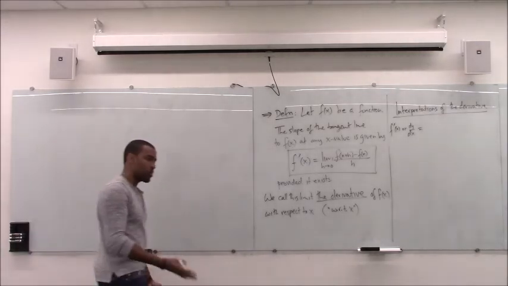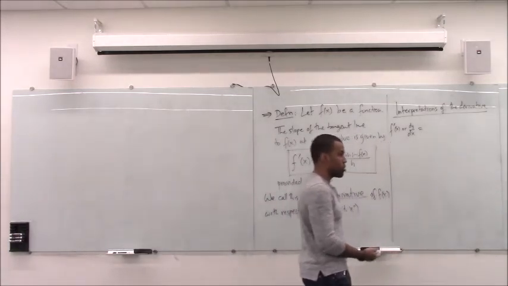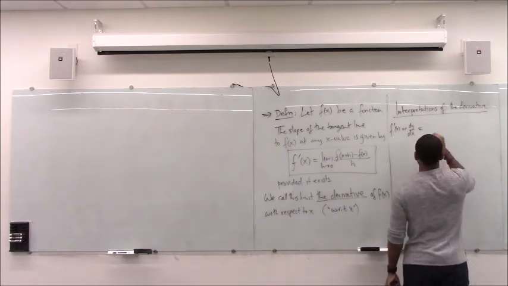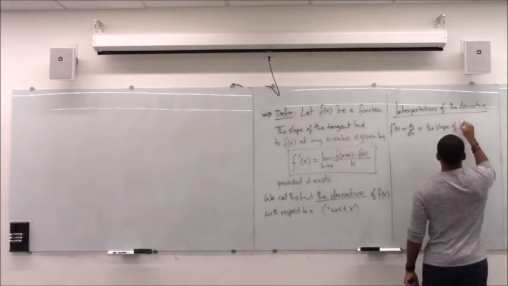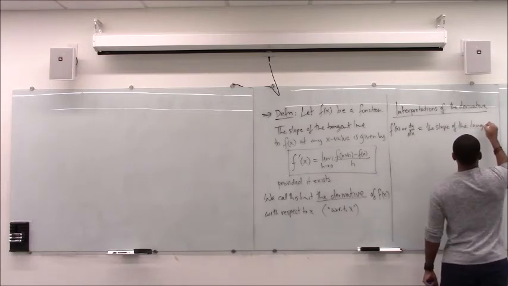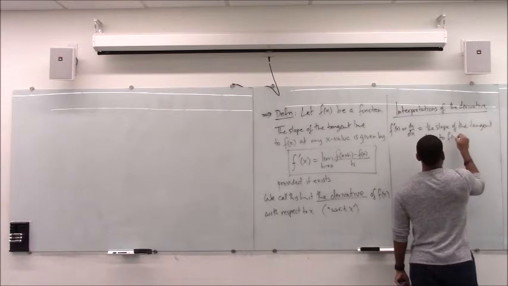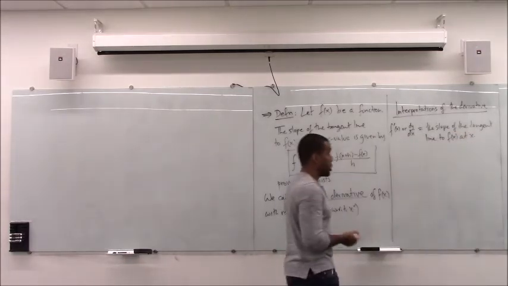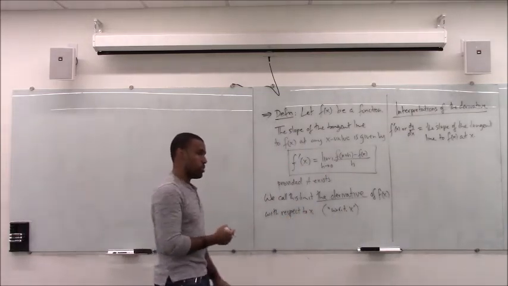There's a specific reason why you would take a derivative. There's a specific way that you would interpret this quantity. So one, you would think of it as the slope of the tangent line to f of x at x. So if you're in a situation where you want to find the slope of a tangent line, if that's your goal, the derivative is what you should be looking for.